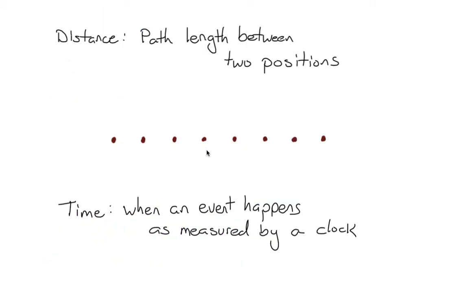So here's a motion diagram, and you saw these in the last video. We're going to define some more attributes. One of the attributes we're going to take a look at is a quantity called distance. Distance is defined as the path length between two positions. And you see it on one of these motion diagrams by looking at the space between the dots.